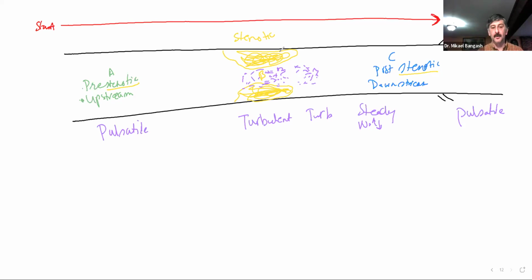So at a stenosis or at a narrowing, you will see turbulence, followed by a steady flow, and sooner or later it's going to become pulsatile again. Did you guys get that? Good.